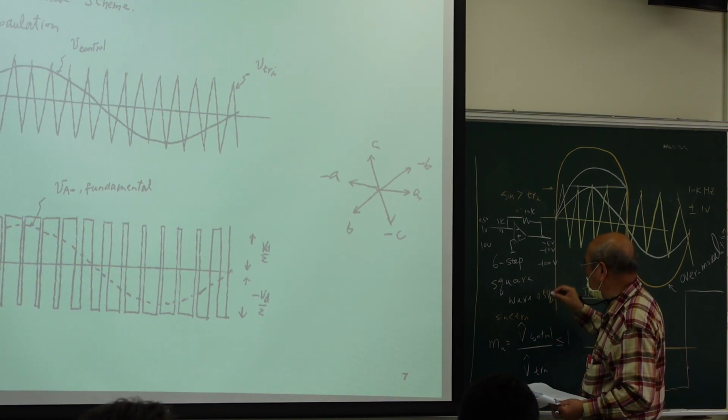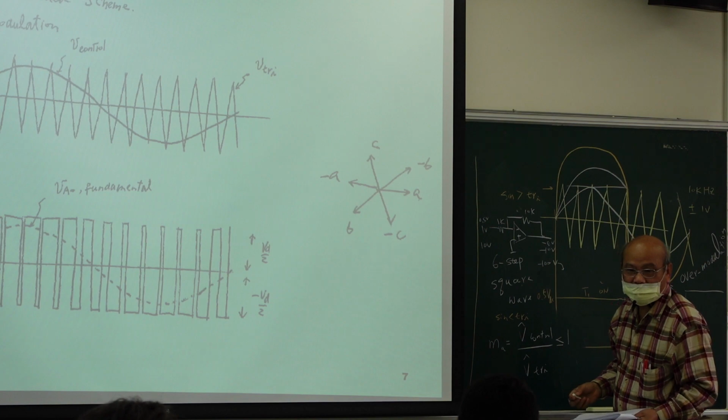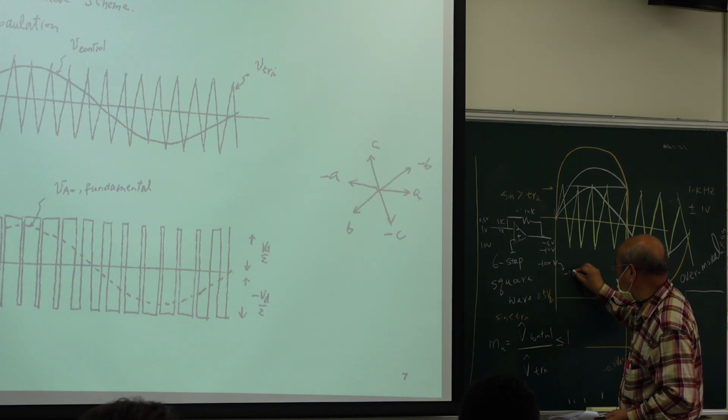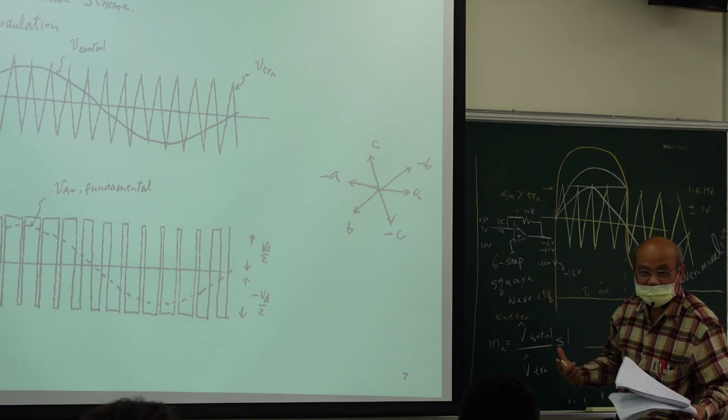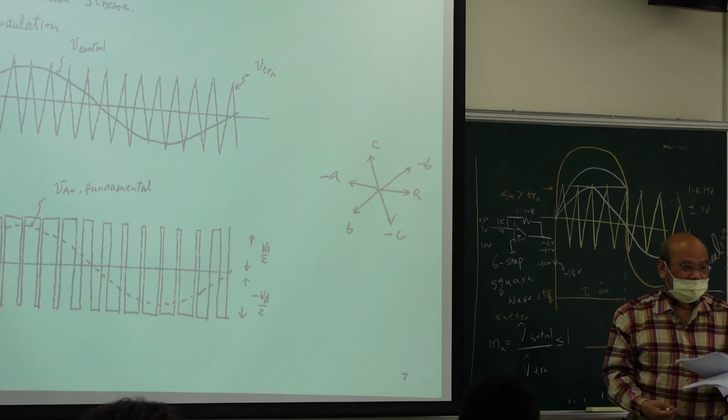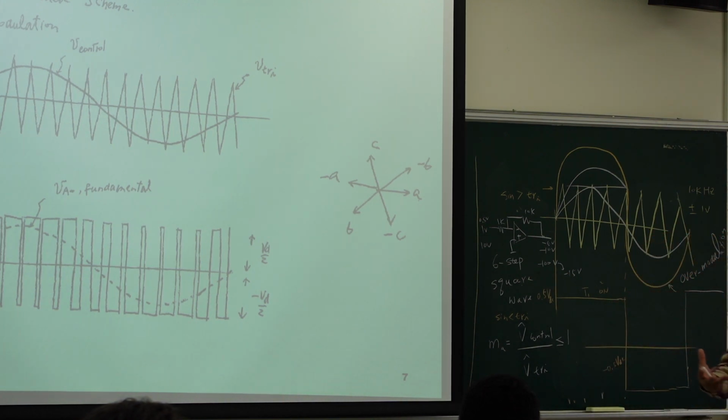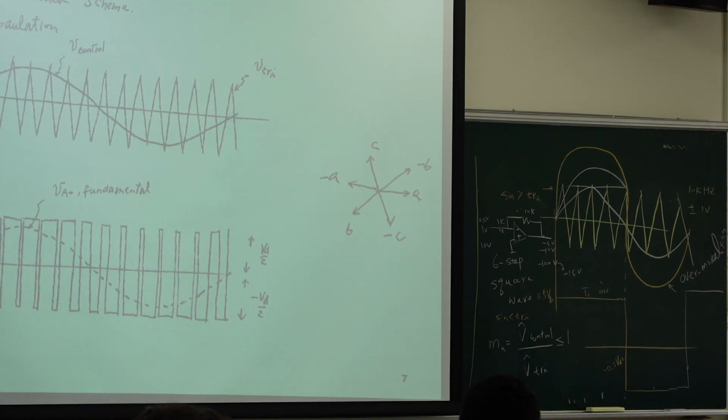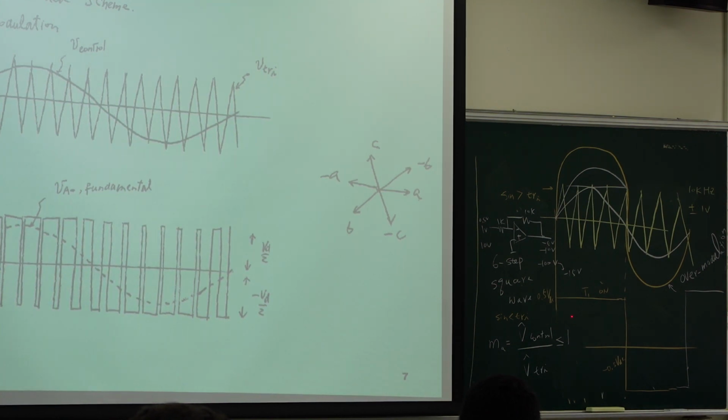No, because it will saturate. So the maximum is minus 15 volt, right? You saturate. So if you have an amplifier, you cannot saturate your amplifier, otherwise you will create a linear distortion. If you design PWM, you cannot saturate your PWM.